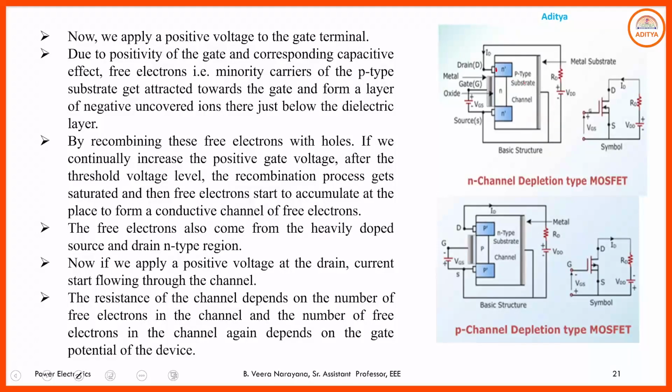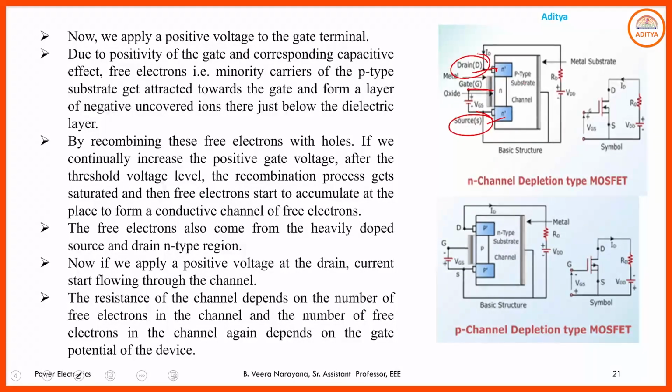These two heavily doped regions act as the drain terminal and the source terminal, and the other terminal acts as the gate. Here are the three terminals: drain, source and gate.